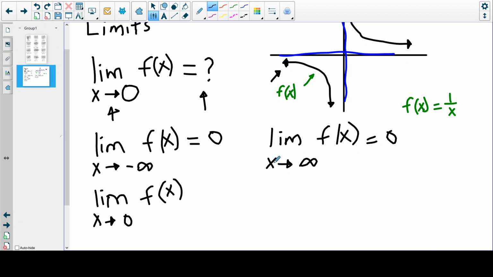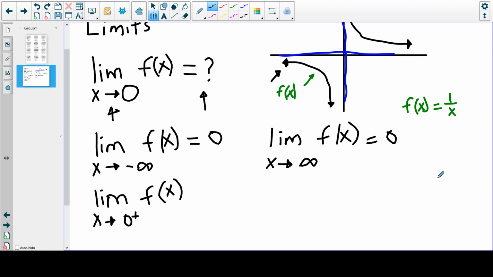Now, you might be thinking, how do we describe the right side or the left side? Because one's going to negative infinity and the other is going to positive infinity. Well, we do that with the plus or minus sign. The plus sign means that we're going on the positive side of 0.